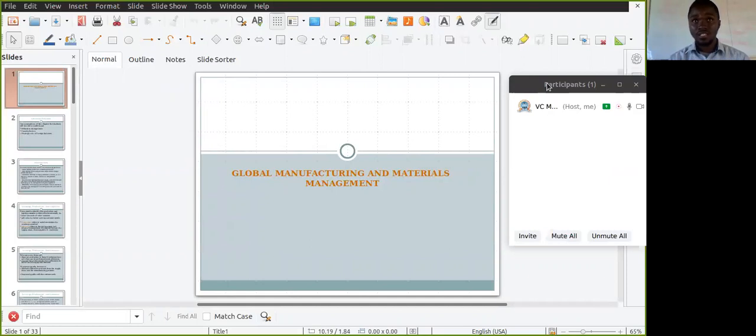Those are the entry strategies that we looked at yesterday, because for you to go international, you need to plan. You need to make sure that you have full information about the market that you want to venture into. For example, for you to start exporting a product, you need to know full information about the target market for those exports.